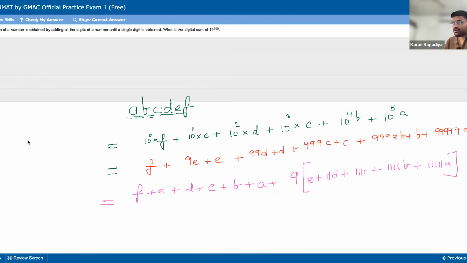Every number can therefore be written as 9 into some integer plus the summation of the digits. And since the rest of it is already always divisible by 9, you only have to check whether the summation of the digits is divisible by 9 to check whether the overall number is also then divisible by 9. Then we can conclude that.